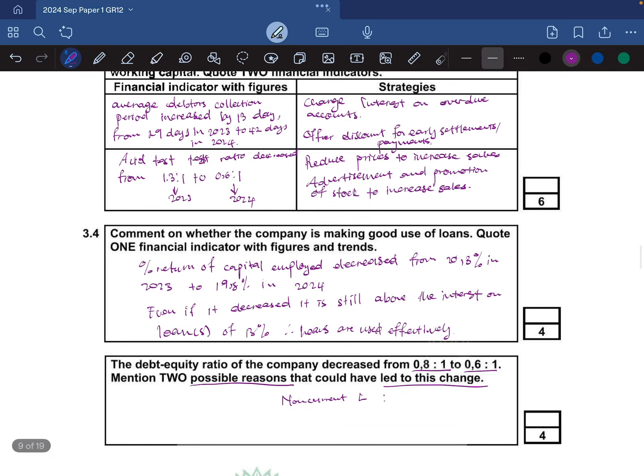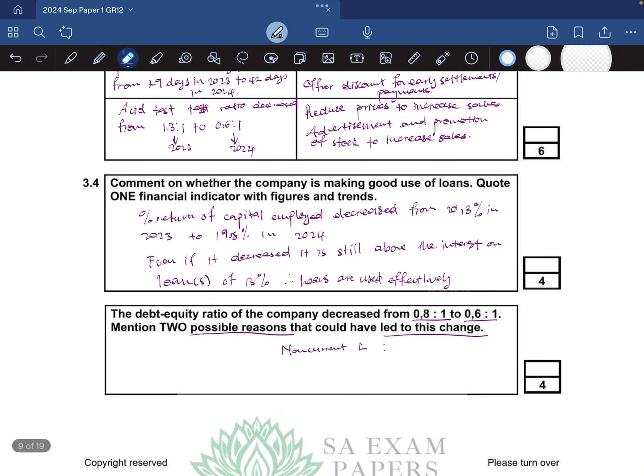So one of the two could have happened. We could have either repaid the loan, or we could have issued a new number of shares. When you issue new shares, you could have an increase on your equity. When you are repaying a loan, your debt is going to decrease. So then you're making less use of loans, and your non-current liabilities decrease. So then you would have a lower debt equity ratio.